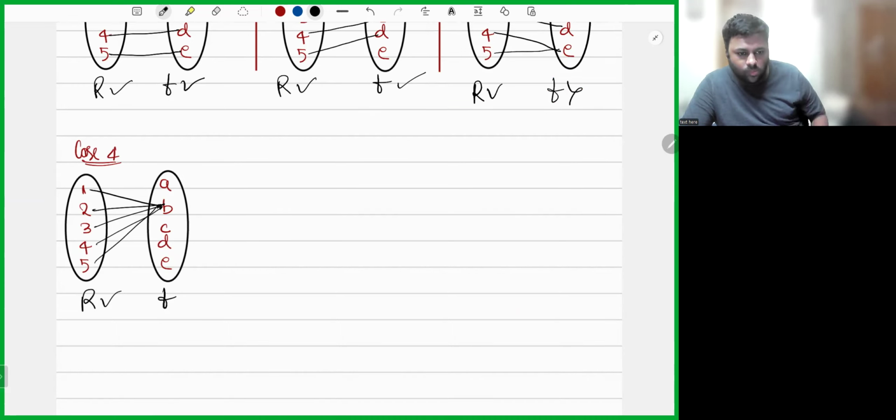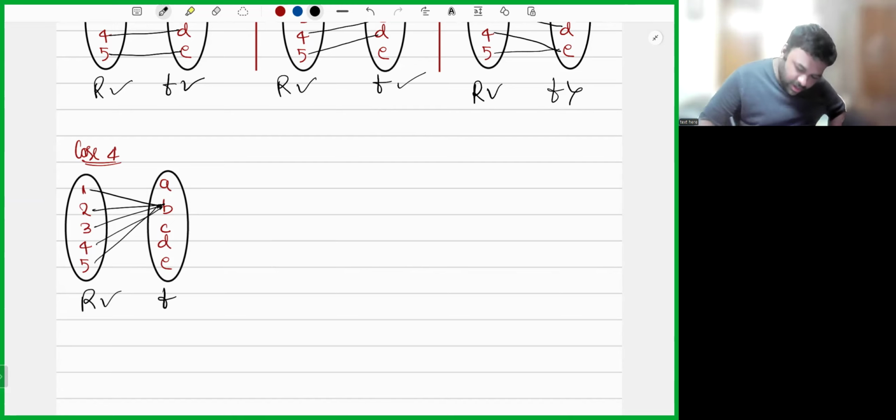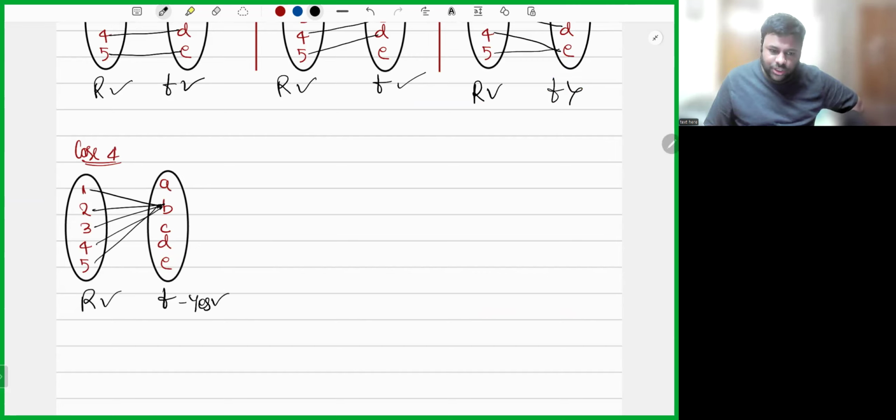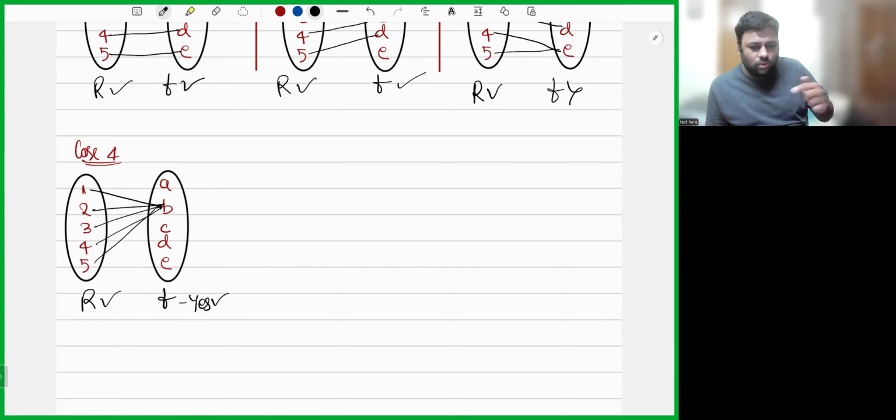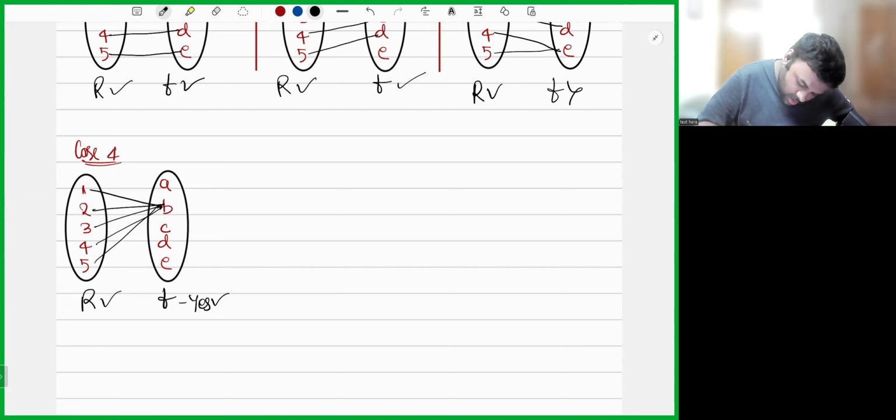Yes, sir, it is a function. Every element in domain is having a mapping? Yes. Every element in domain should have only one mapping, means only one arrow should pass. Okay.